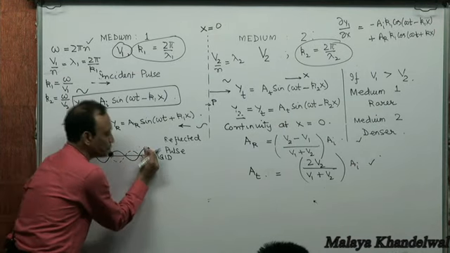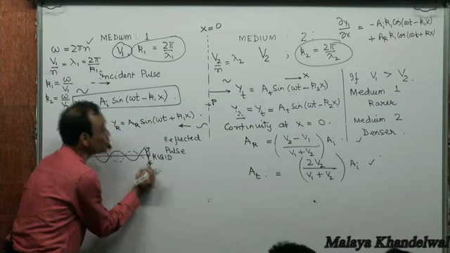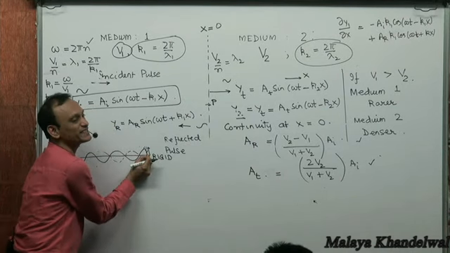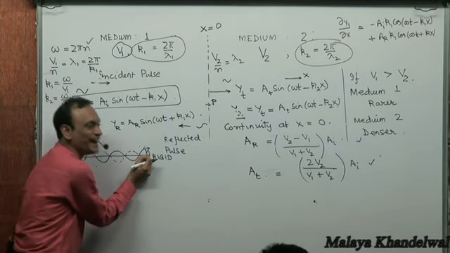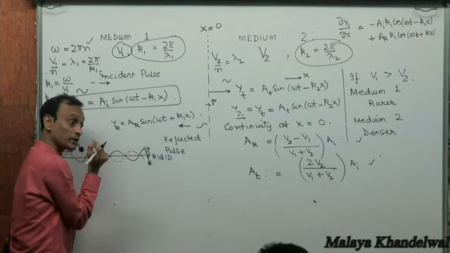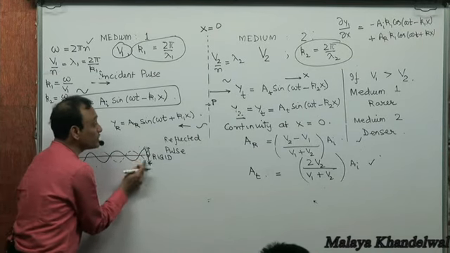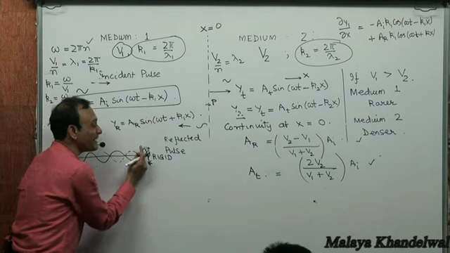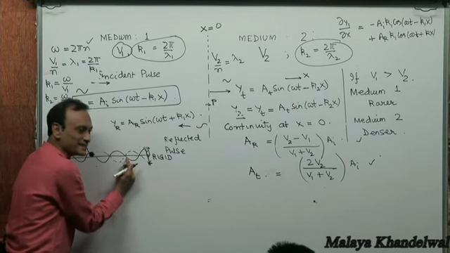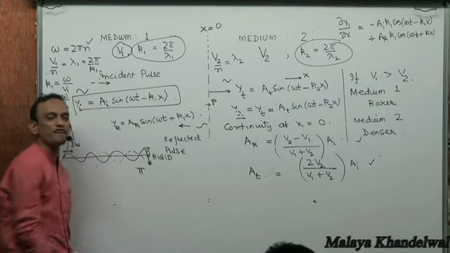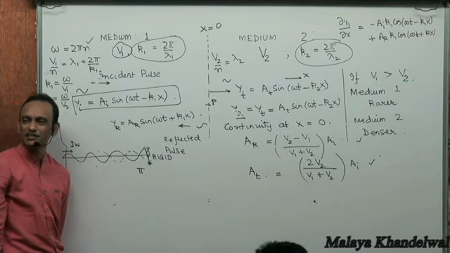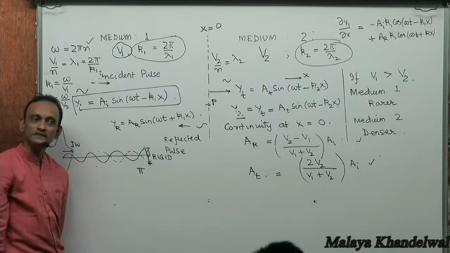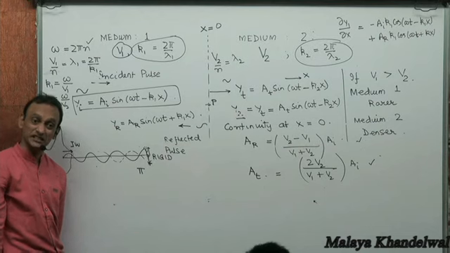And when can that happen? If the reflected pulse is an inversion of the incident pulse. That means if there is a phase change of pi. That means if reflection occurs at a rigid support.